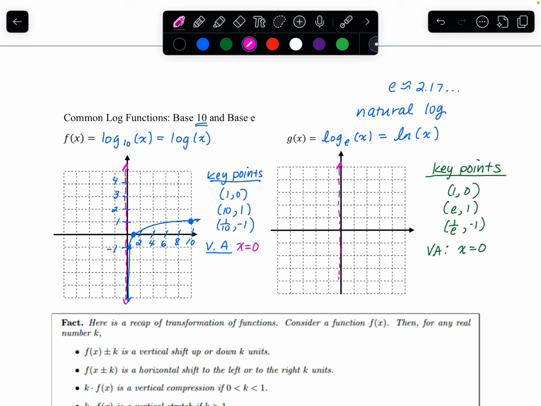Draw that vertical asymptote. I'm not going to change the scale of this one. I'm going to let them be 1s. So I have the point (1, 0). (e, 1), 2.17 is somewhere right there. Use a calculator to help you if you like. Since we already have some general shapes in mind, I'm going to go ahead and finish my graph.